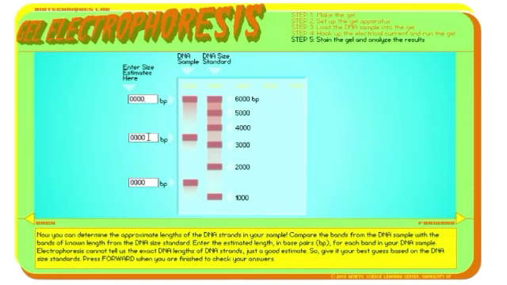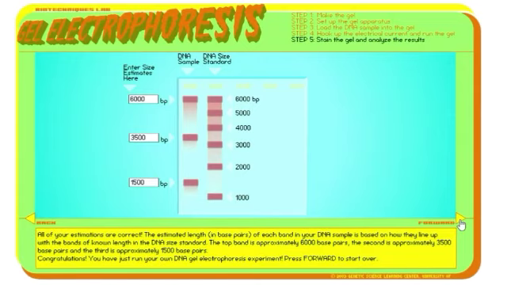I first did the farthest strand in our sample. This is approximately 1,500 base pairs, and the second one is approximately 3,500 base pairs, and the nearest one is approximately 6,000 base pairs, if my estimations are correct.